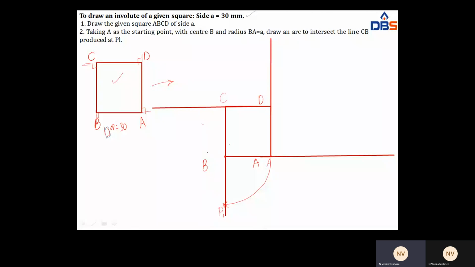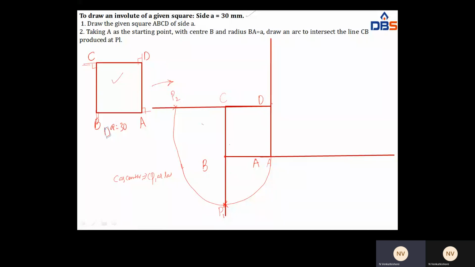Previous point means it is actually B, but the newly previous point is P1. So C as a center, CP1 as a radius, draw an arc. That point is called P2. Next, C is complete. What remains? D.